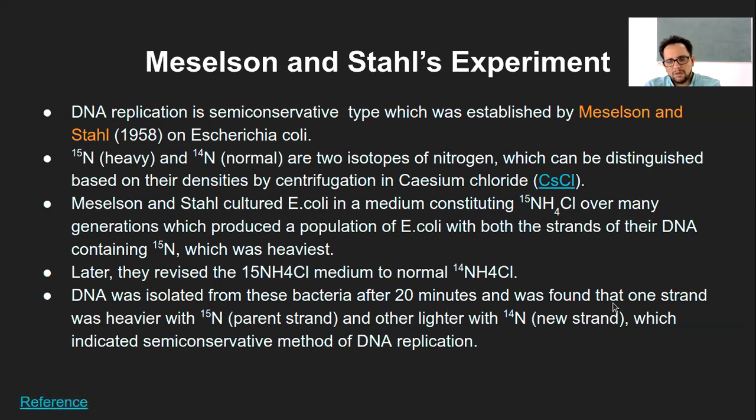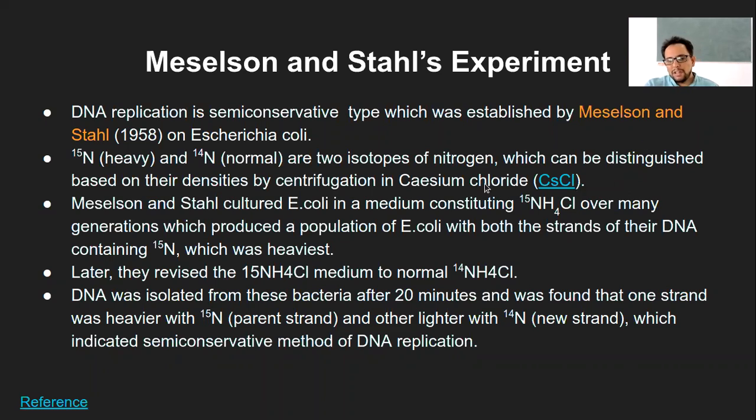Again, you take out the E. coli bacteria along with the culture medium, you separate the E. coli, you digest those samples, extract the DNA, and then let it undergo centrifugation in the cesium chloride solution, and in that you will find 2 bands in the tube in which the centrifugation was done. One is heavier, that is N15, which is coming from the parent strand.